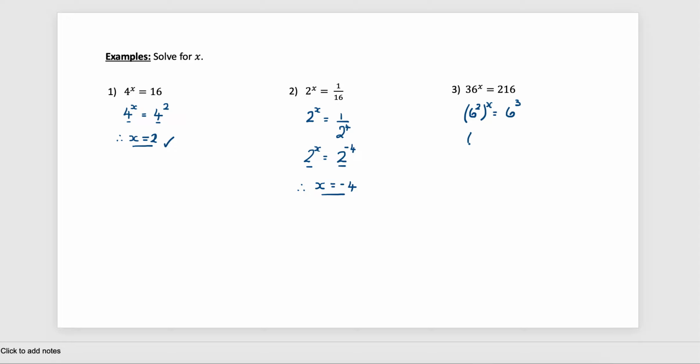If I expand the brackets here, I get 6 to the power of 2x, because we multiply the powers, equals 6 to the power of 3. Now that the base is the same, I can say that 2x equals 3. If I divide both sides by 2, I find that x is equal to 3 over 2. So sometimes your answers can be whole numbers, negatives, or even fractions.